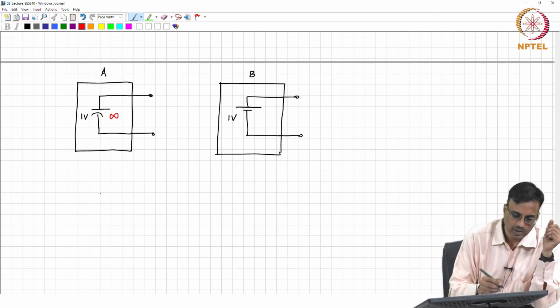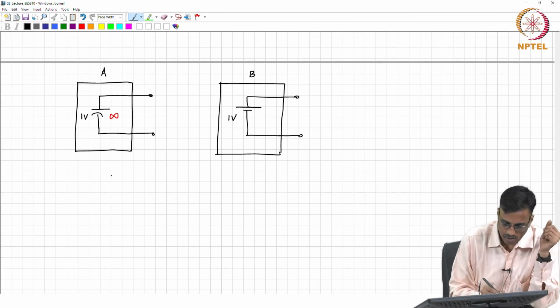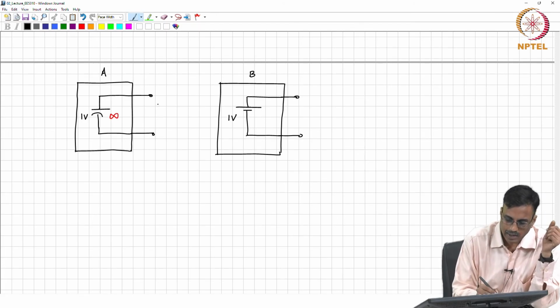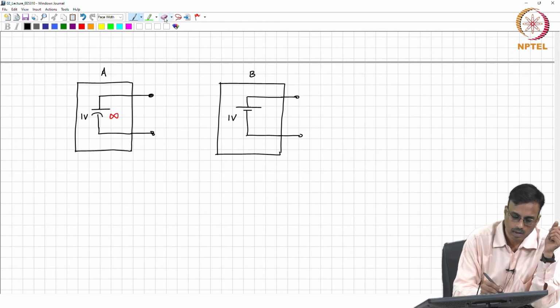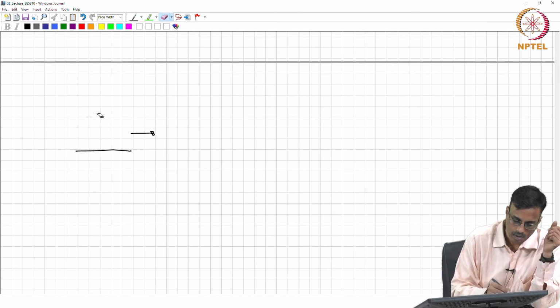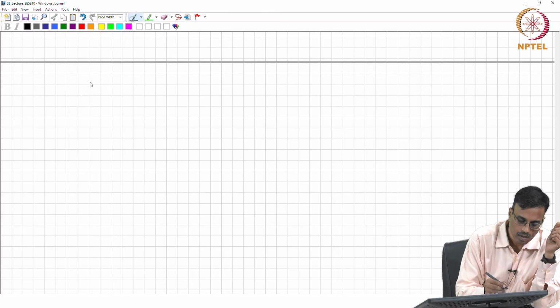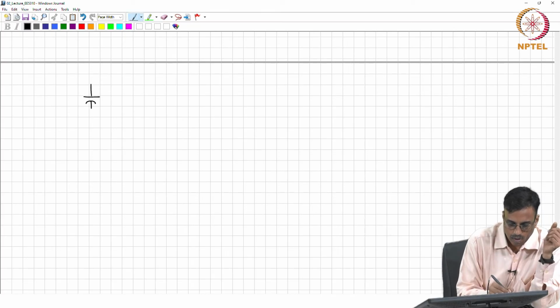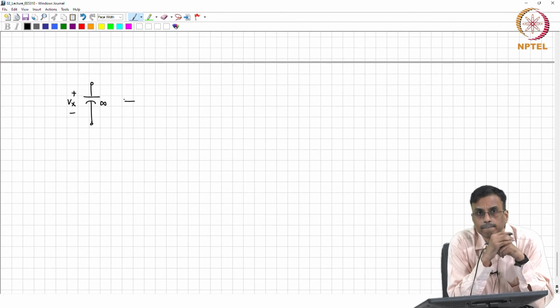So, now with this background, can you tell me what the incremental equivalent between these two terminals is? So, an infinite capacitor charged to a voltage Vx, what is this?